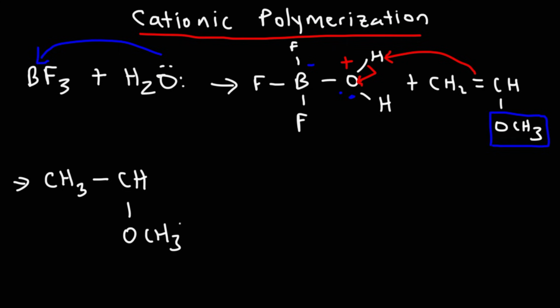And note that the positive charge is on this carbon. Now, that positive charge is stabilized by the oxygen atom. The oxygen can donate a pair of electrons, and through electron delocalization and resonance, it can stabilize the carbocation.